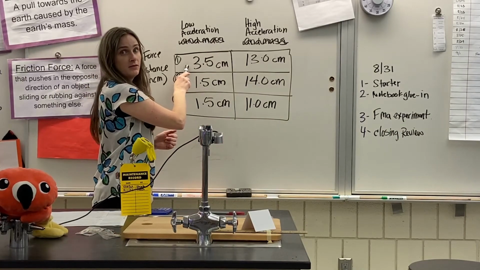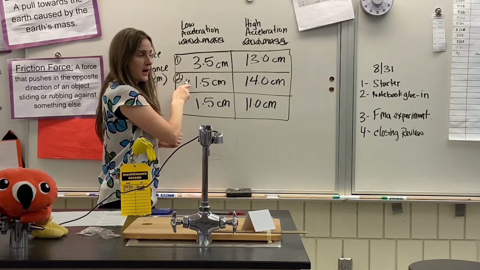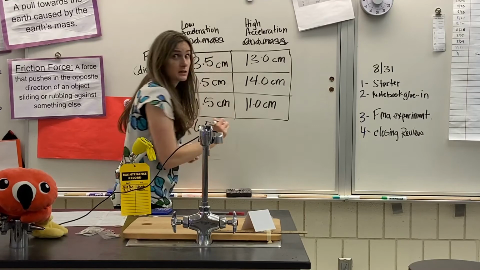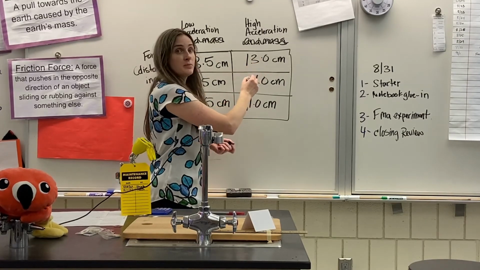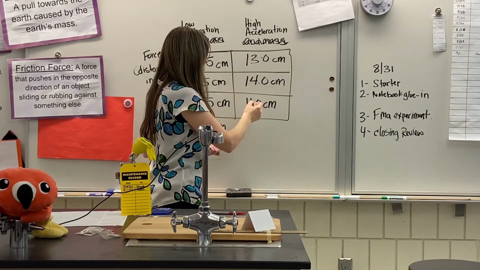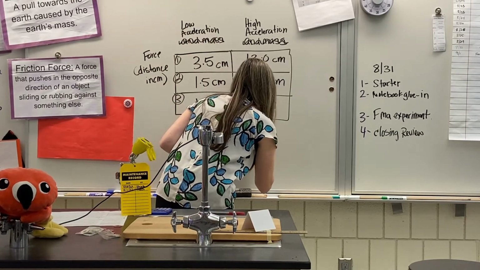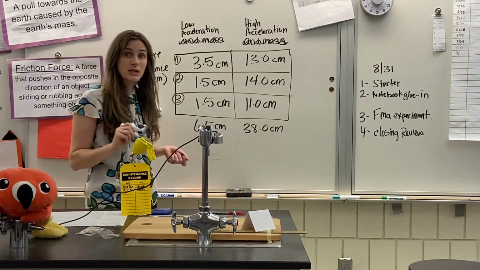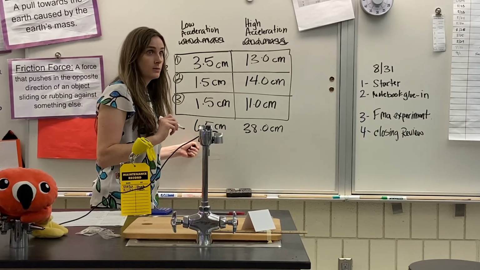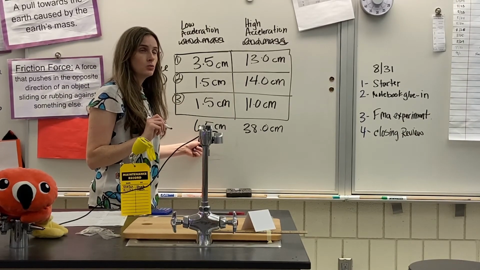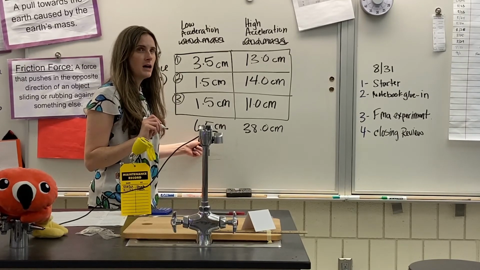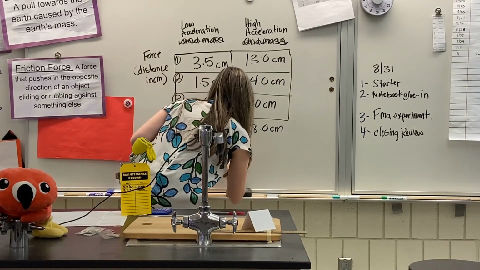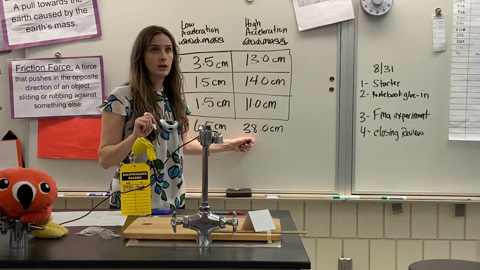We've got 3.5 plus 1.5, which is 5, plus 1.5, which is 6.5 centimeters. Then we have 13 plus 14, which is 27, plus 11, which is 38 centimeters. And now we're going to divide them by 3. So we have 6.5 divided by 3, which averages to 2.2 centimeters.